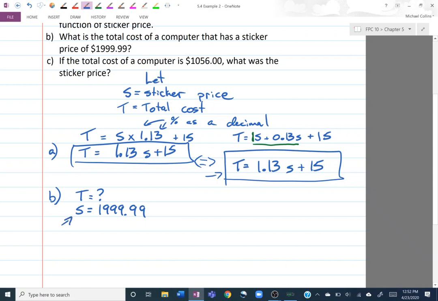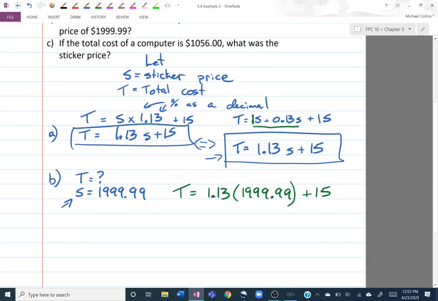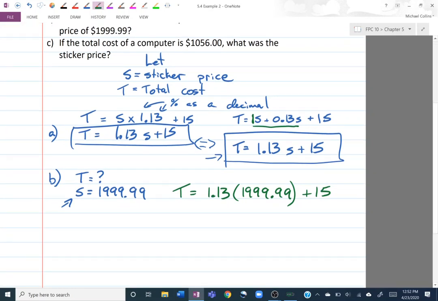So I don't know what T is, so I'm going to leave it as T, and I'm just going to switch colors so we can see I'm doing a different question. T, I don't know what it is, I'll leave it as T is equal to 1.13 times my sticker price, 1999.99 plus 15.